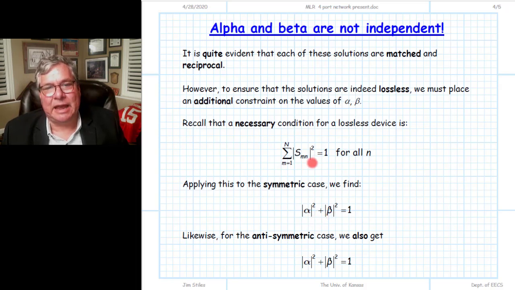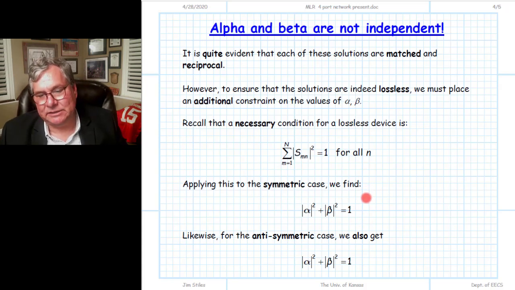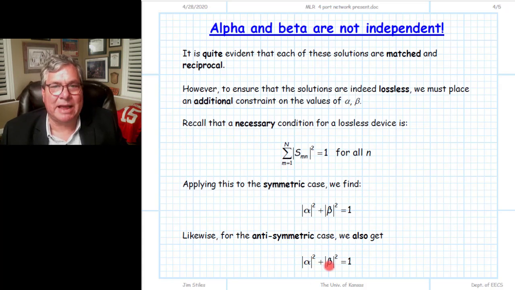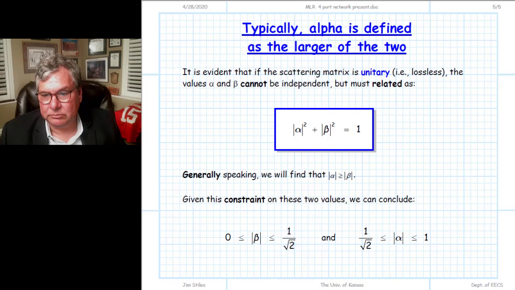For this to be a unitary matrix, that must be equal to 1. If we do the same thing for the anti-symmetric case, we get the same values. Of course, when we get a minus beta and we square it, we get the same value of magnitude of beta squared. So this is a constraint on the values of alpha and beta. Again, alpha and beta could be complex, but generally speaking, we write them as real values, actually positive real values.